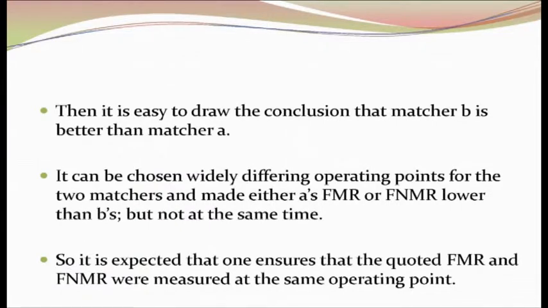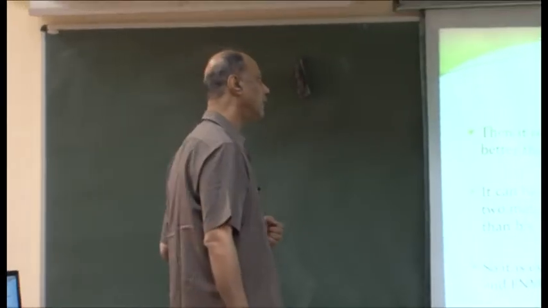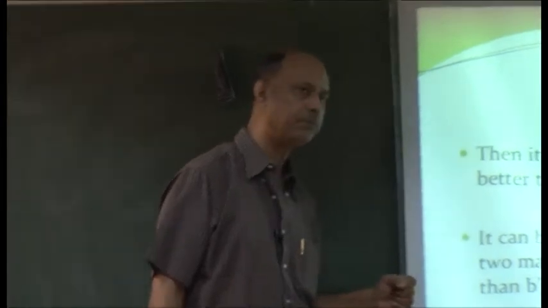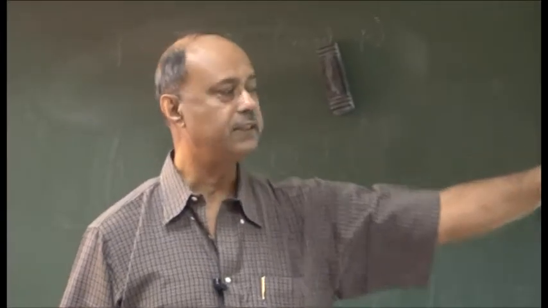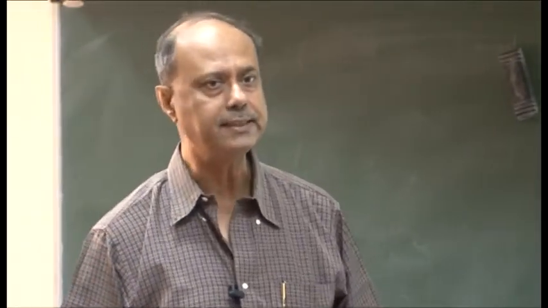Now, sometimes you can say that my system is better than the other system at this operating point. At this point, I consider that one is better than the other, right, but for this diagram, of course, it is not the case.